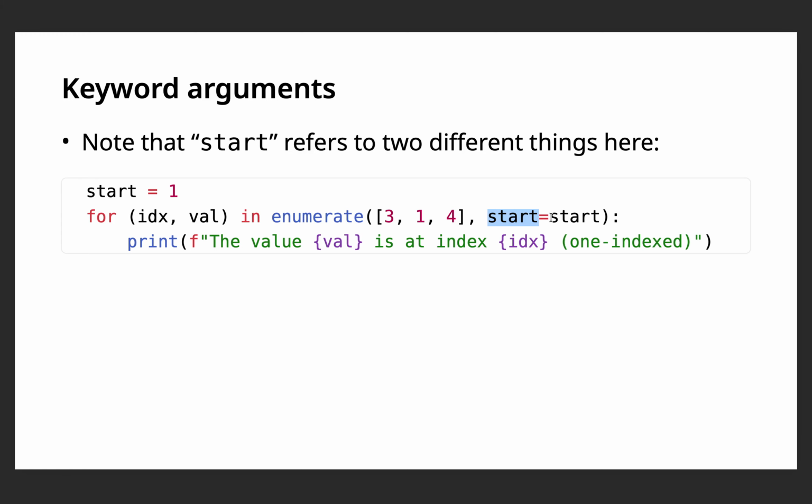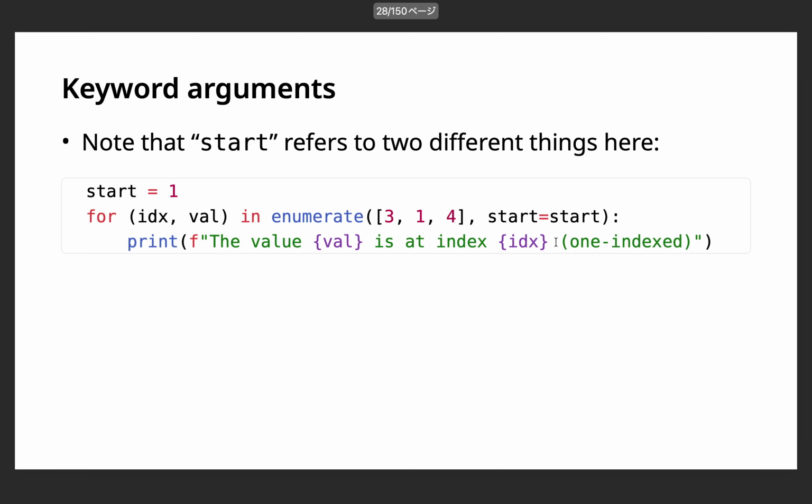This is a different thing from, let's say you define a variable start here. Variables are different from keyword arguments. So in this case, this isn't going to give you an error or something. It's just going to set start to the value over here. This will evaluate to 1. So this is start is equal to 1.